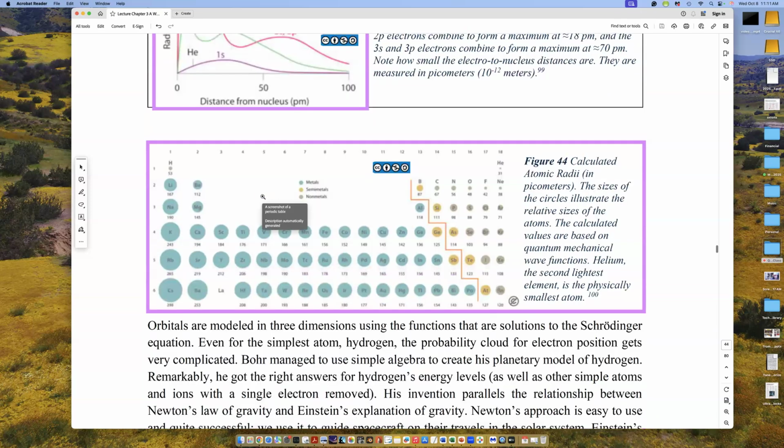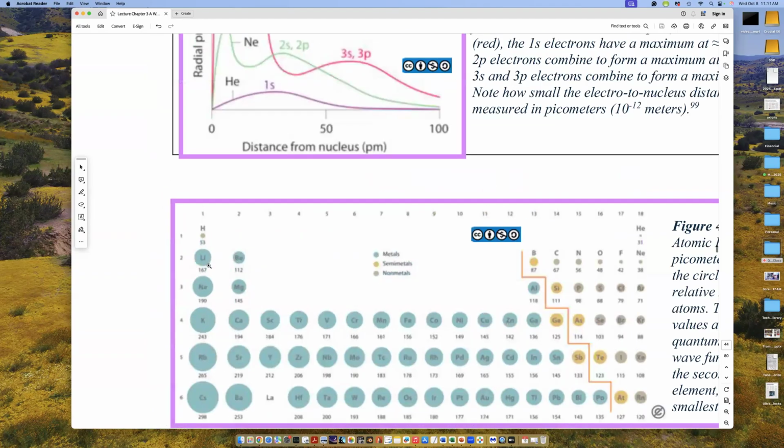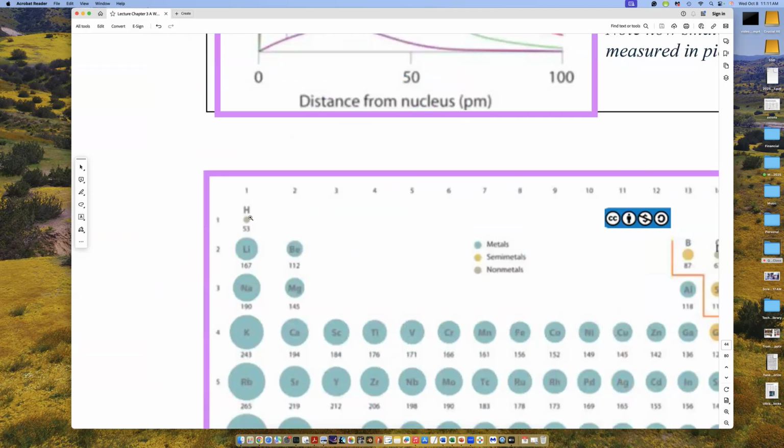And so again, here's the periodic table. And if you look closely, this shows the size of the electron clouds of the various atoms in the periodic table. So there's hydrogen. Right below it is lithium, and the cloud, this comes from the Schrodinger equation, calculating the probability of where you find the electrons.